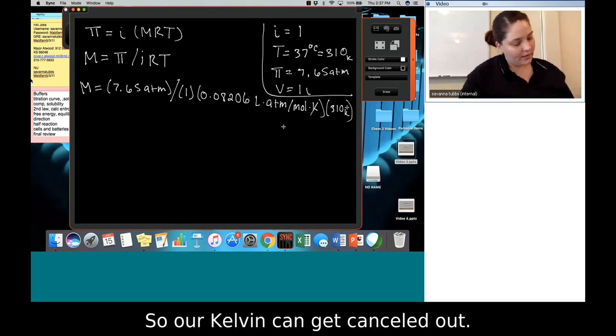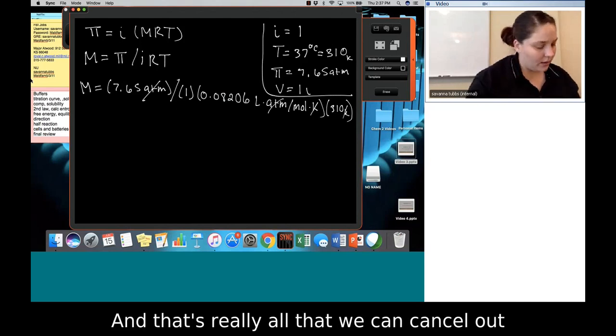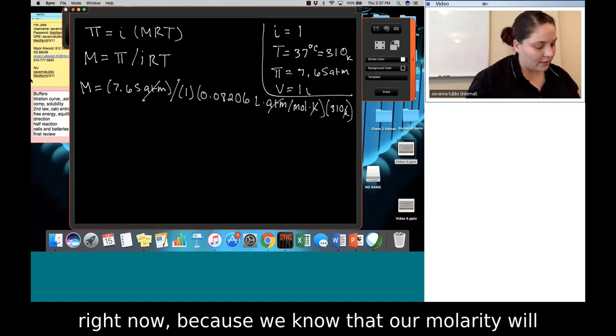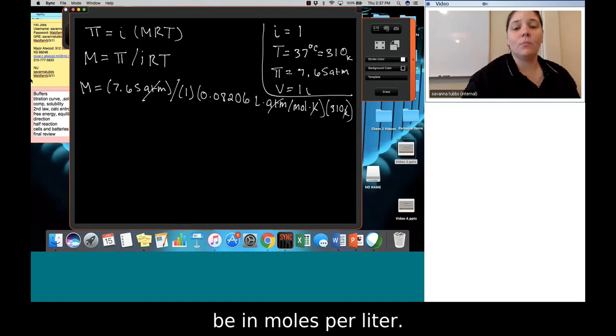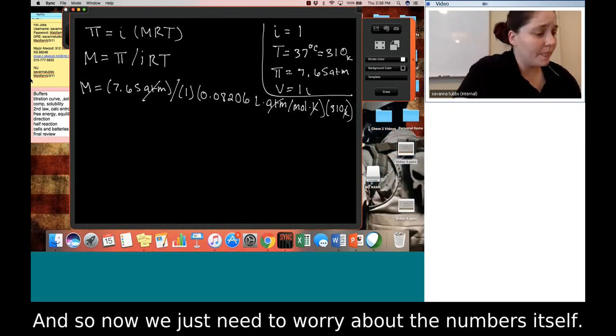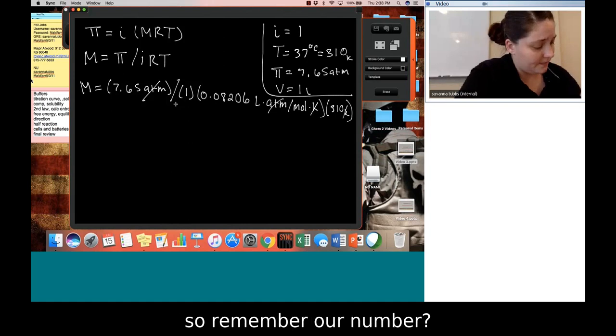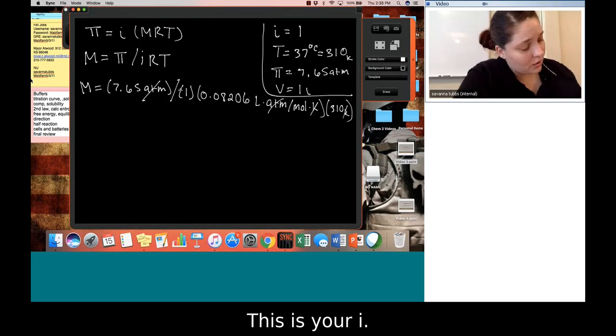So our Kelvin can get canceled out, our atm can get canceled out, and that's really all that we can cancel out right now, because we know that our molarity will be in moles per liter. And so now we just need to worry about the numbers itself. So when you plug all of this in, remember, this is your i.